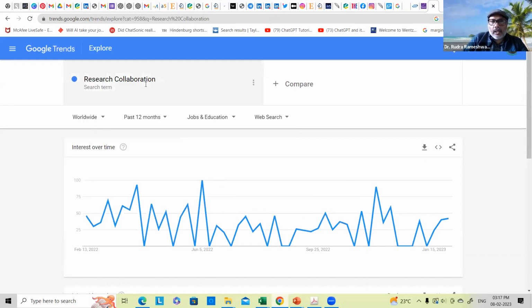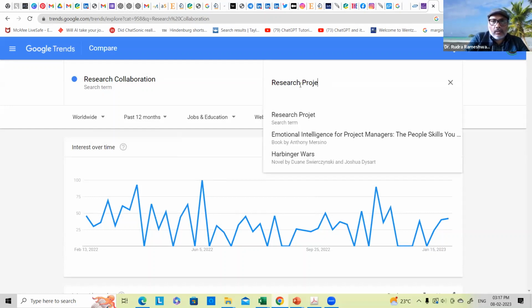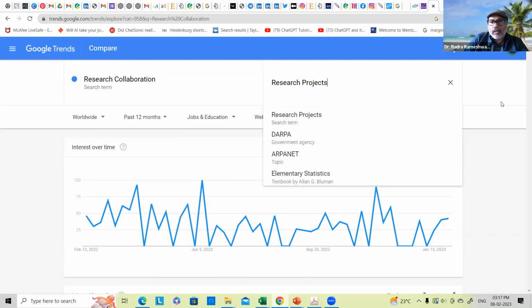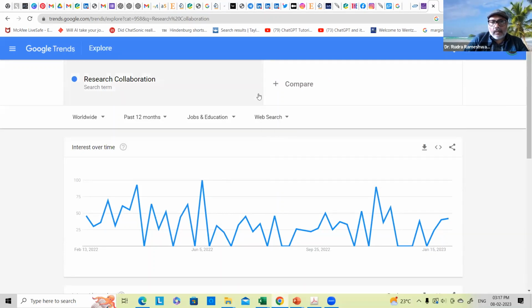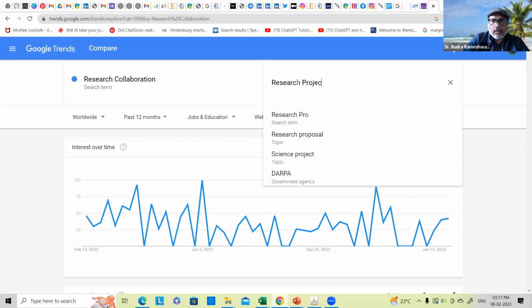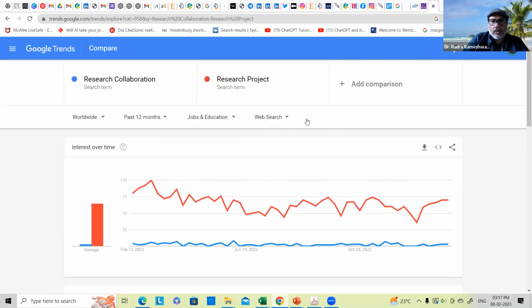And then research collaboration, you can compare with some research projects. Let's say research projects. Then I will check. Now I will see research projects. Science project also, then I can also add.